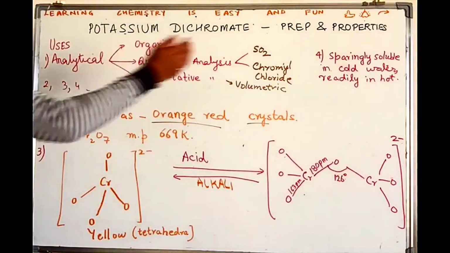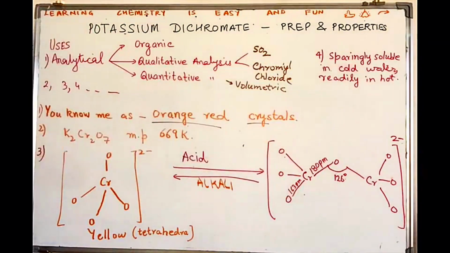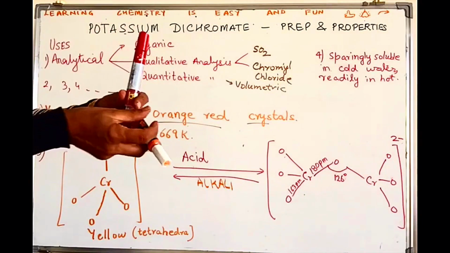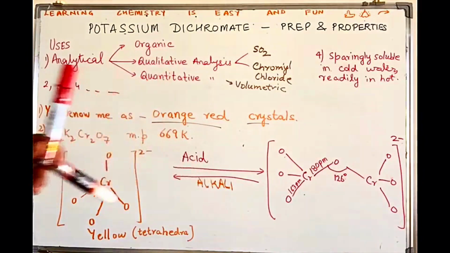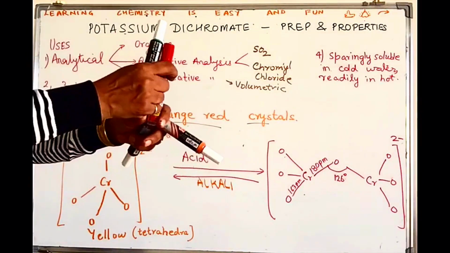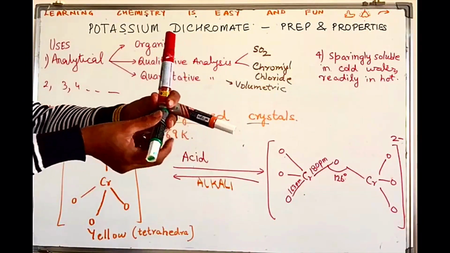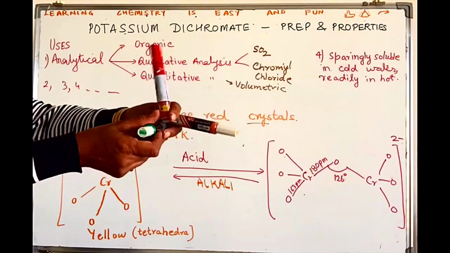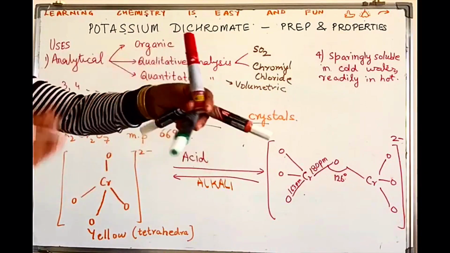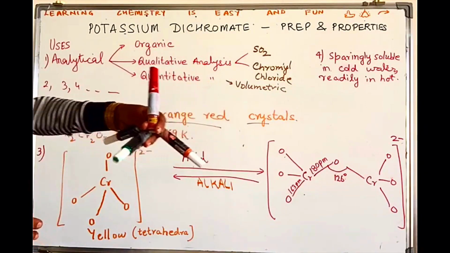If you break this structure, it will be easier to understand how we have the chromate ion. We have the tetrahedral structure. You remember we've been talking about tetrahedral in our earlier topics as well. So we've got these 4 oxygen atoms present like this, with 109 degrees 28 minutes.